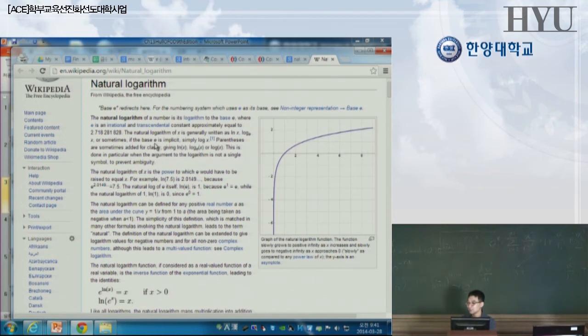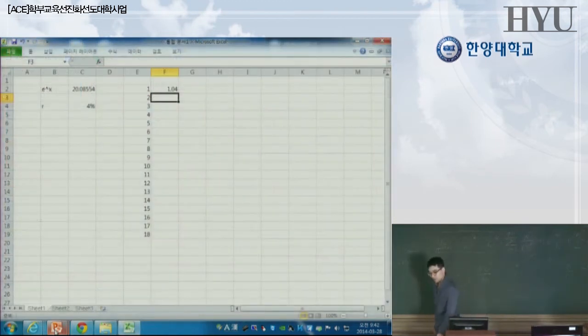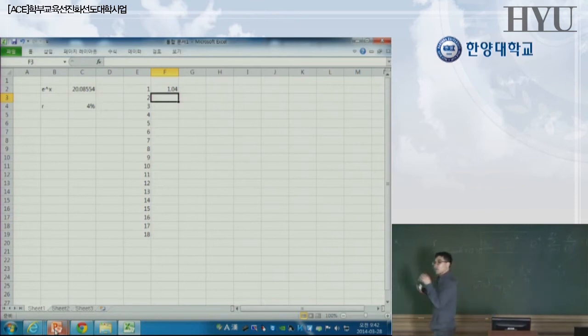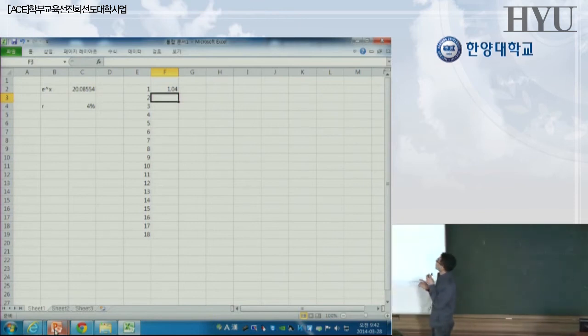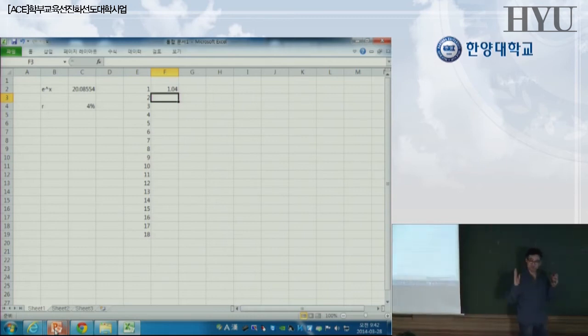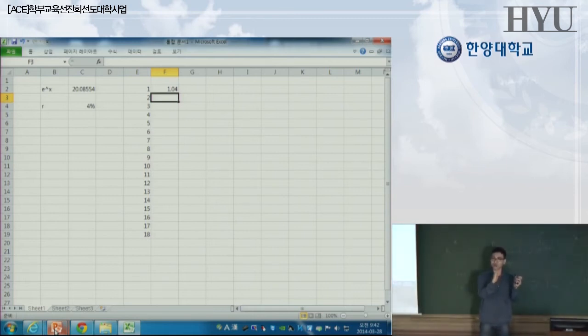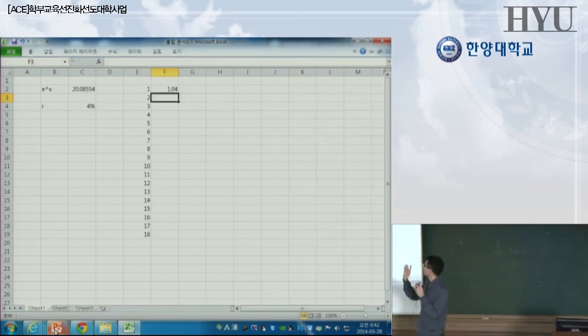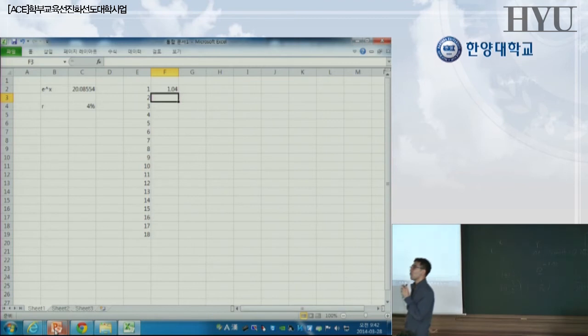And in Excel, first, just one compounding, the interest rate is 4%. Therefore, 1 year after it is 1.04, right? That's what we learned. How about second, two compounding? It means the annual interest rate is 4%.